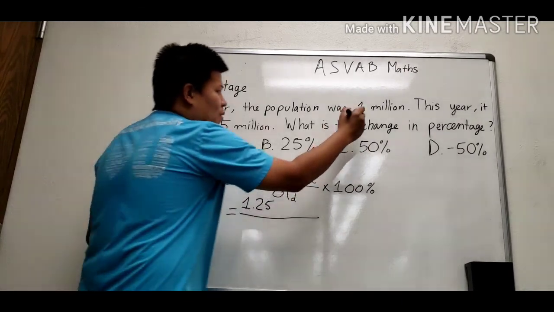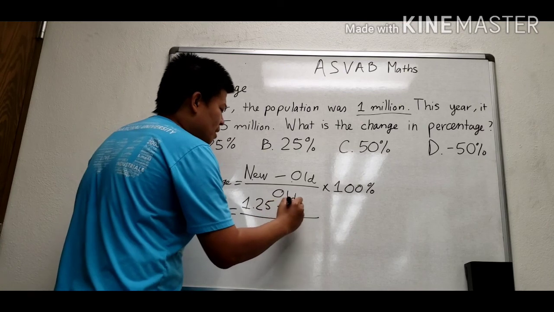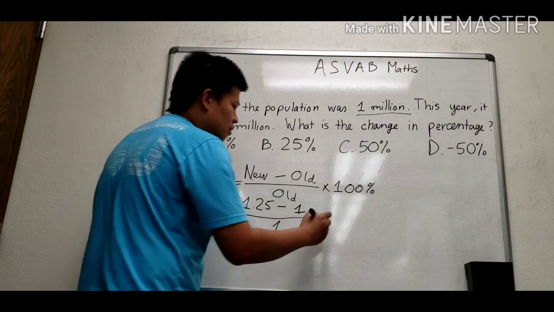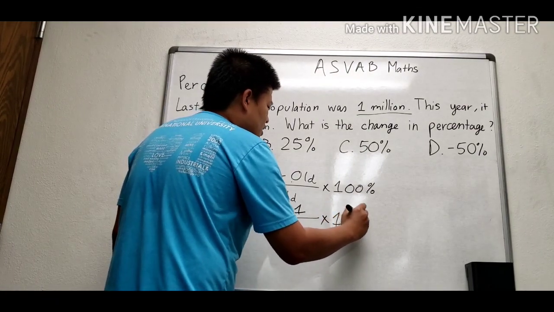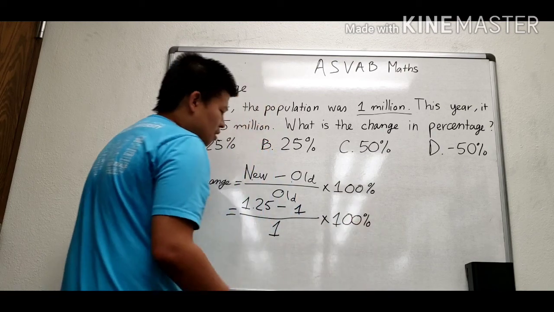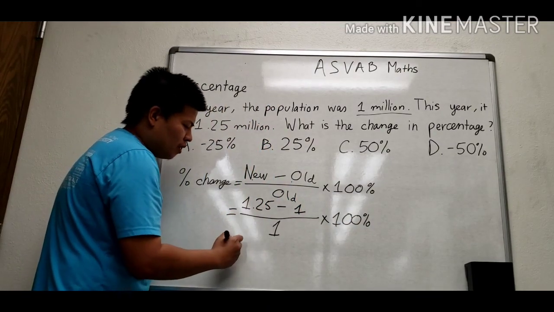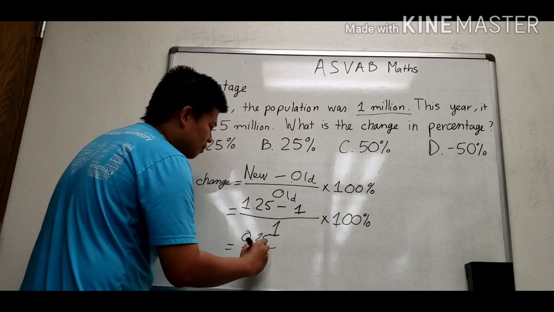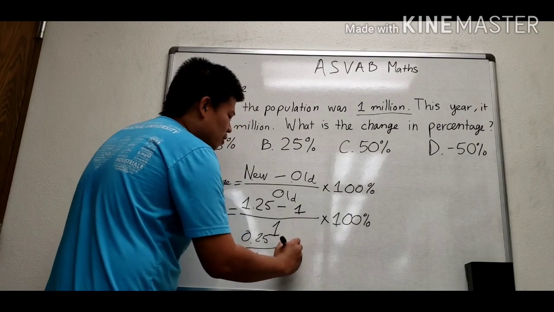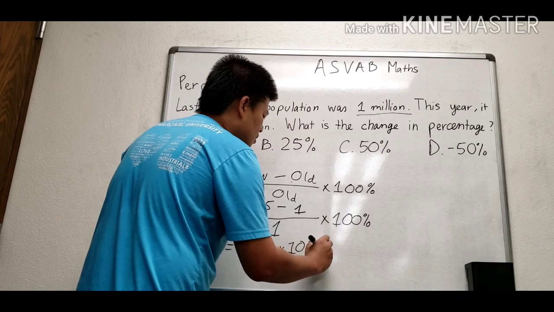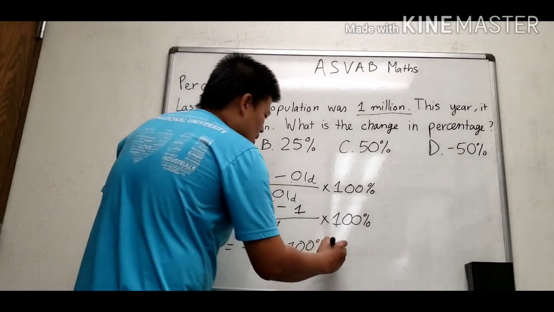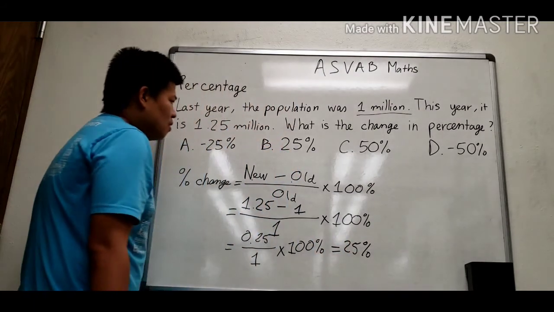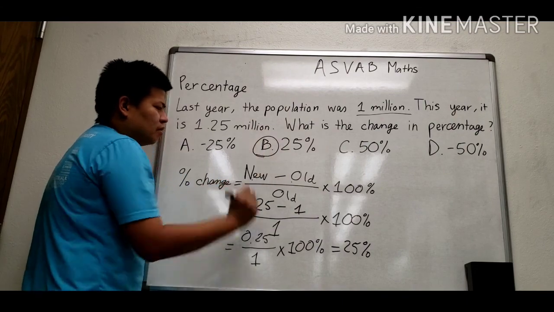The old one is 1 million people, that's the minus 1, and the old one is 1, multiplied by 100%. So we got 0.25 divided by 1, multiplied by 100%. And we got 25%. So the answer in here is B.